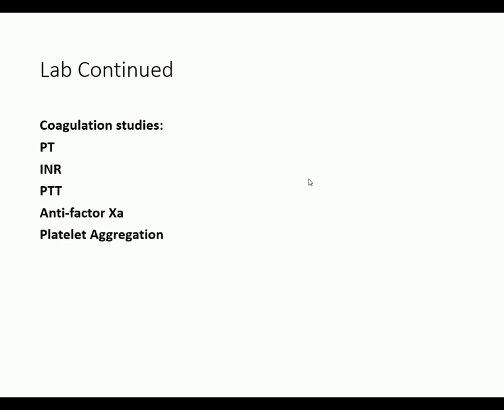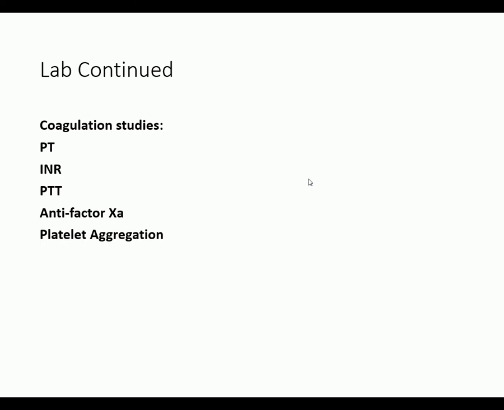The longer time values indicate insufficient clotting factor or overactivity of blood clotting inhibiting therapy. Okay? So in other words, the longer the time, the more insufficient the clotting factor is, or the medication that you're giving them to inhibit the clotting is working too well. Okay?